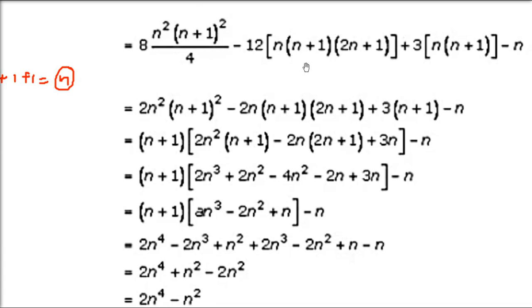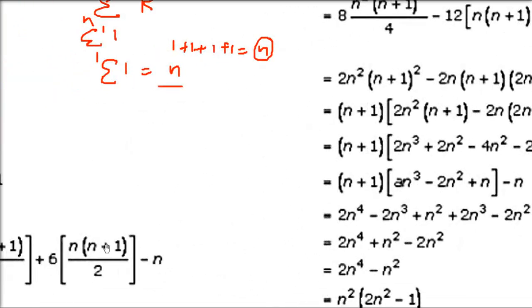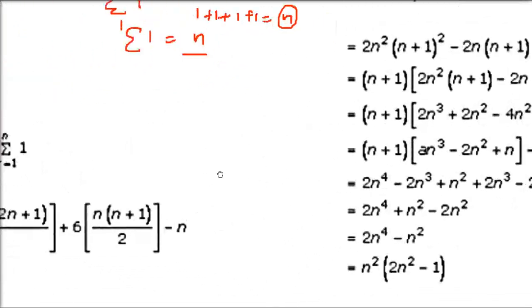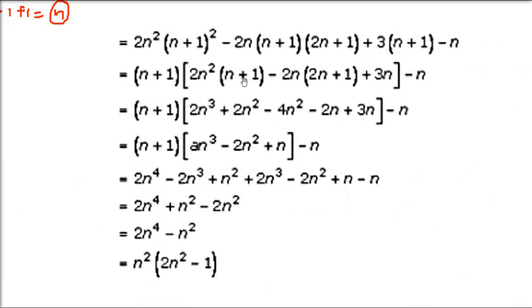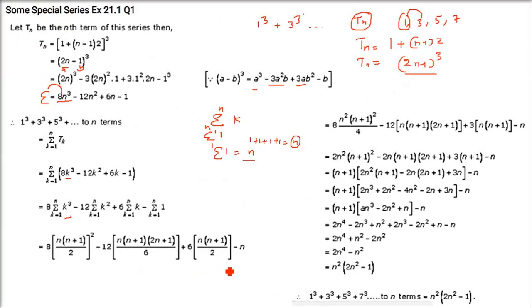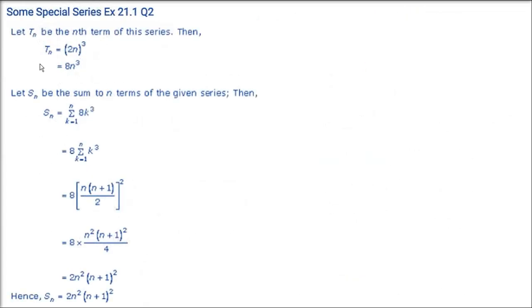So there will be easiness of multiplication. In the upcoming questions, we are going to try and take something common so that the multiplication becomes easy. So finally, when we are done with all the multiplication, I hope you will be able to do this. The final answer is n into the bracket 2n square minus 1. So this is the final term.